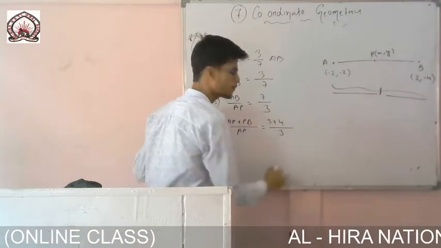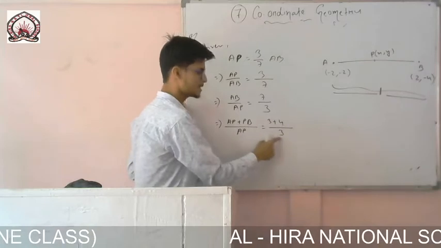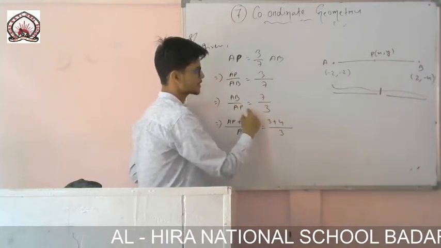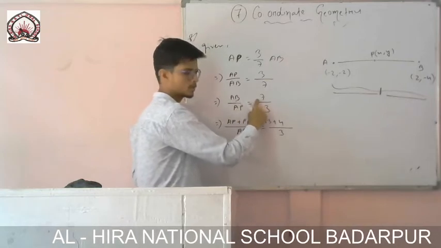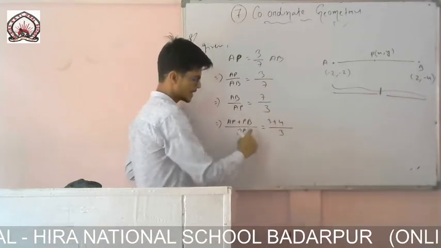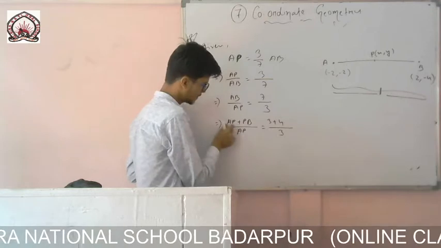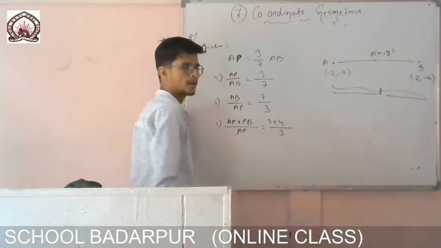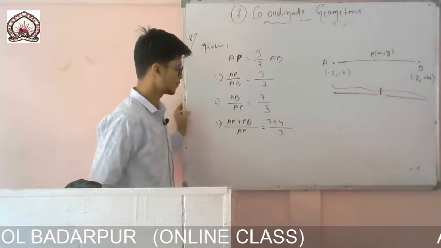That means it will be 4. Here AB will be equal to 7 and AP will be equal to 3. In place of AP I am writing 3, but here it is 7, that means I have to add 4 more.